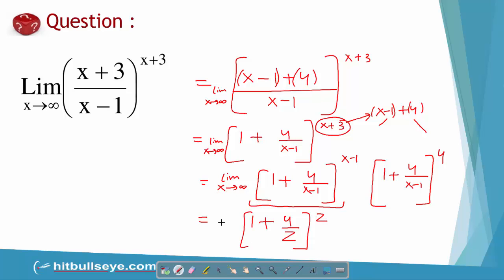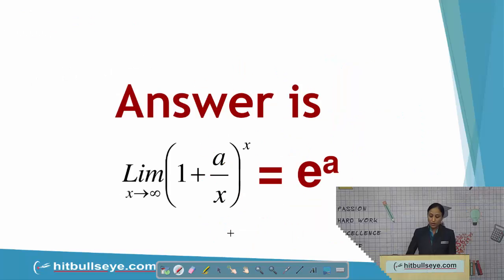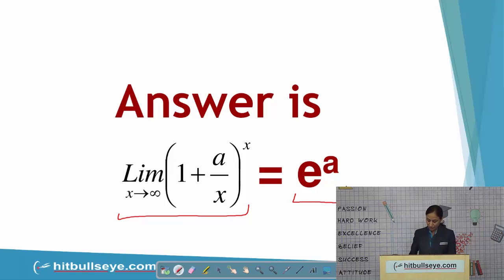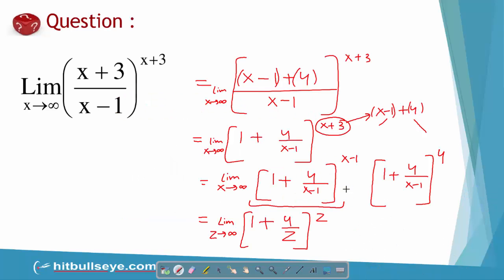Now since x is approaching infinity, so x minus 1 will also approach infinity. Now we use the limit that we just discussed in the previous slide, that is (1 plus a by x) raised to power x as x approaches infinity is e raised to power a. So here the a that we have is 4. So the answer for this part is e raised to power 4.